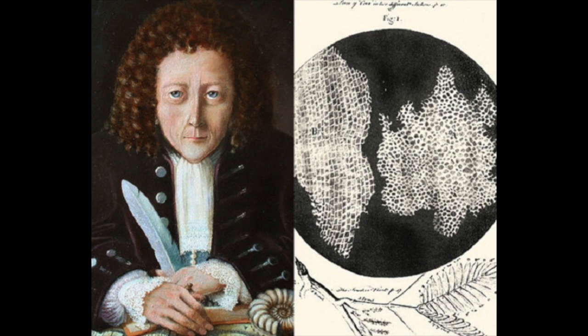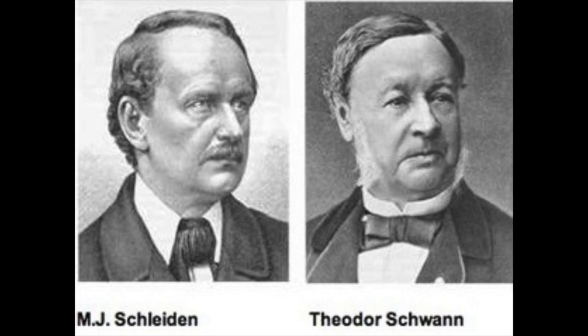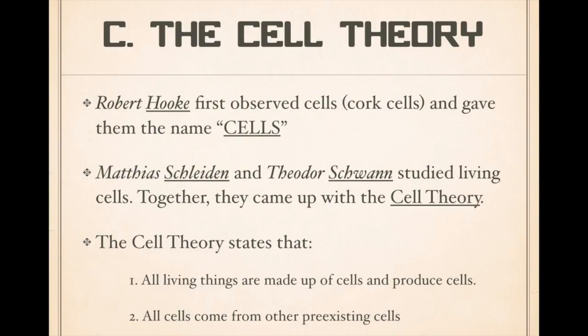Robert Hooke looked at the cells of cork under the microscope. Then Schleiden and Schwann used this information to come up with the basic ideas of the cell theory: all living things are made up of cells and produce cells, and other cells come from pre-existing cells. So a cell cannot just come from nothing.